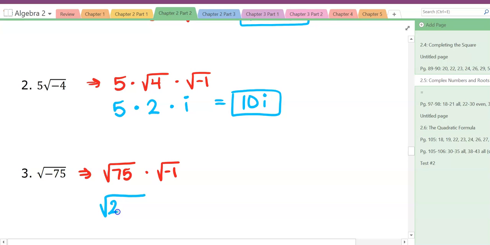Good, so break it down to 25 times 3, and then that square root of -1 becomes your i. So what's the square root of 25? 5. So 5 is going to come out, then the i, and then square root of 3 stays.